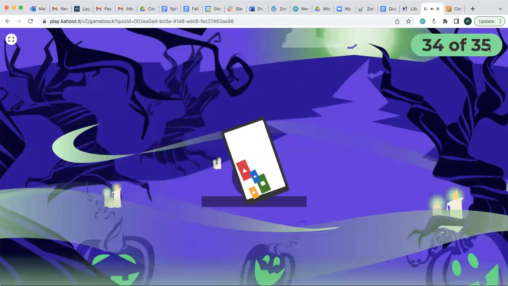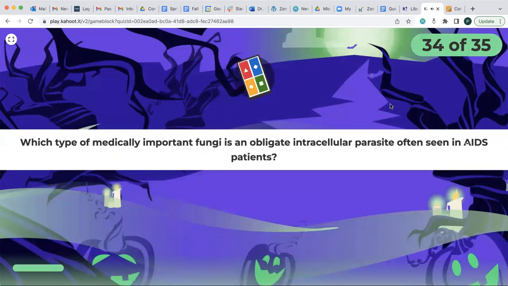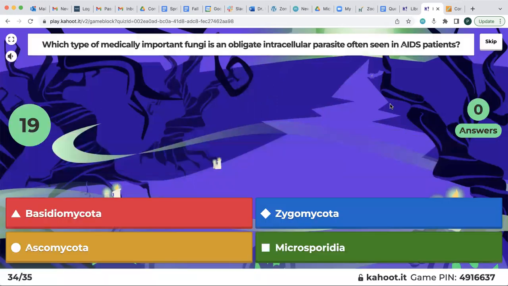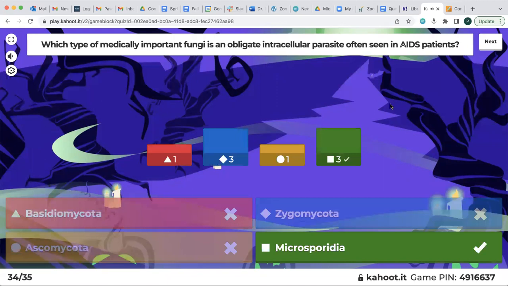Okay, only a couple more questions. Which type of medically important fungi is an obligate intracellular parasite often seen in AIDS patients? It is Microsporidia.